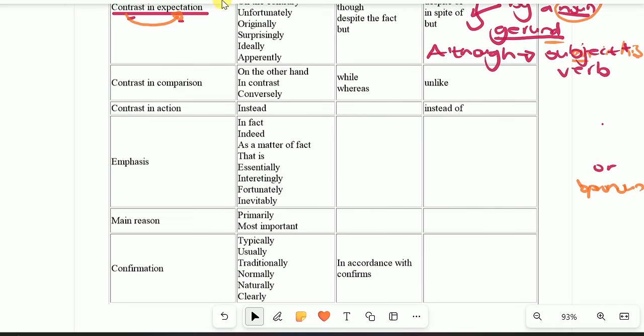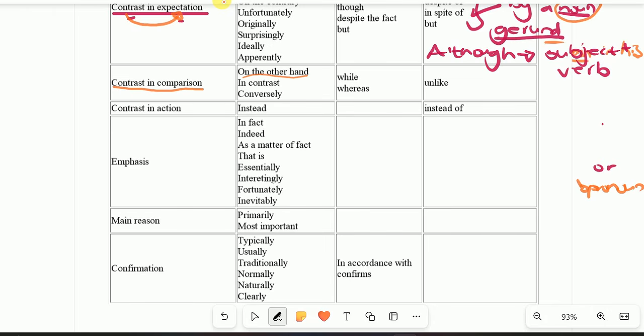Right, moving along, we also have logical connectors that show contrast in comparison. Remember that those ones are not showing cause and effect, but contrast in comparison. The class of 2022 did exceptionally well. On the other hand, you see, on the other hand, it means you want to introduce another idea.